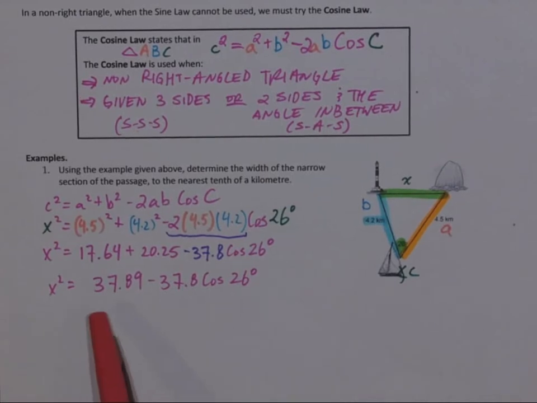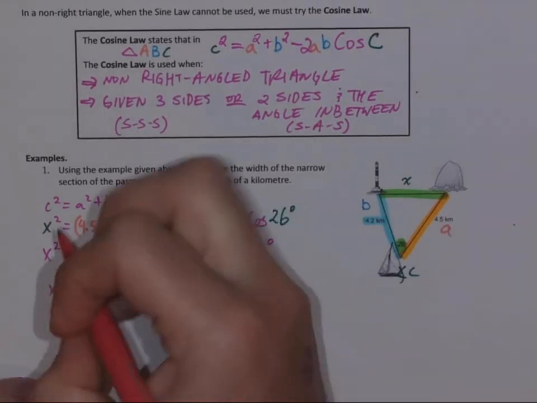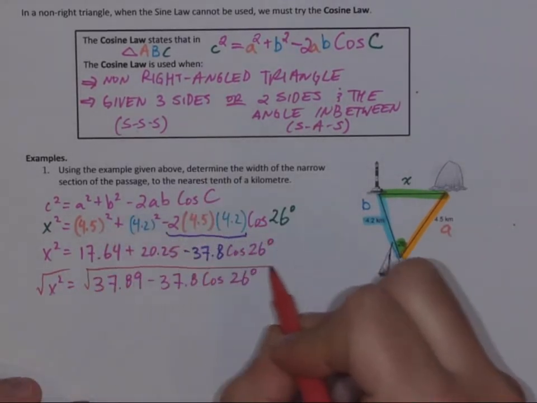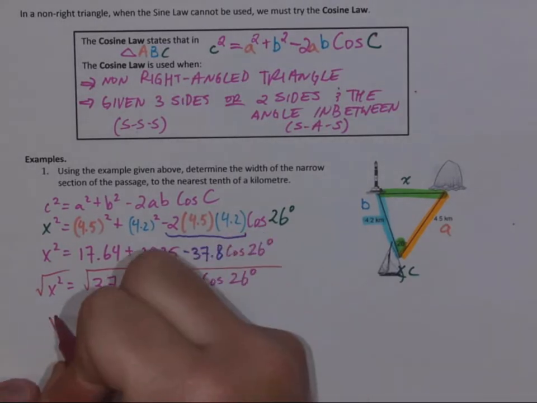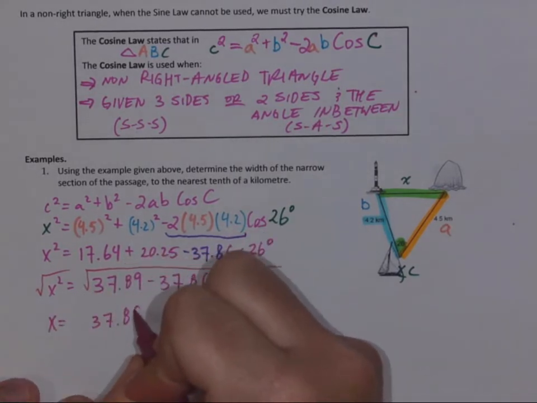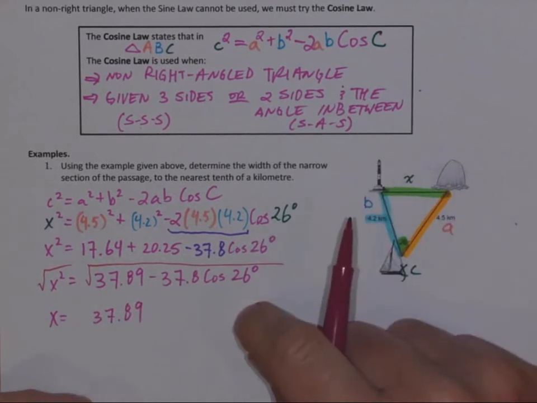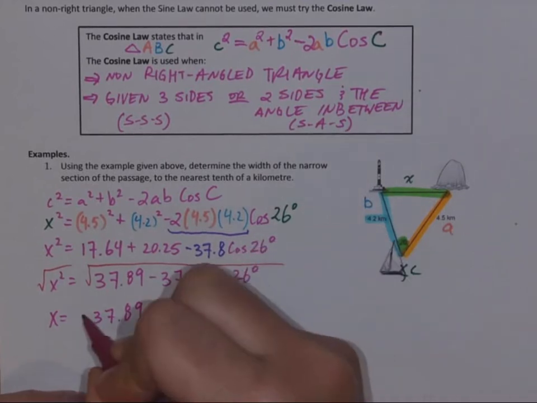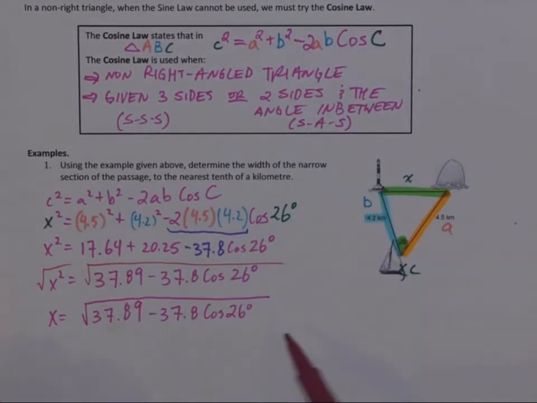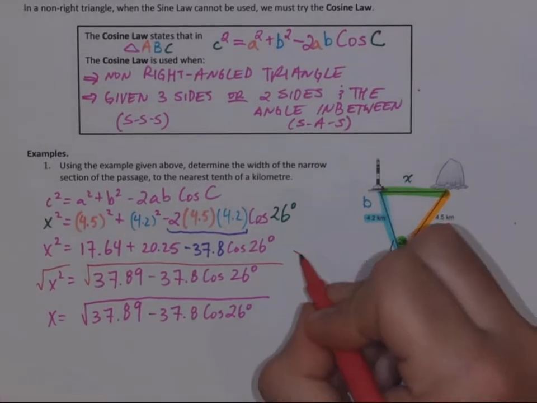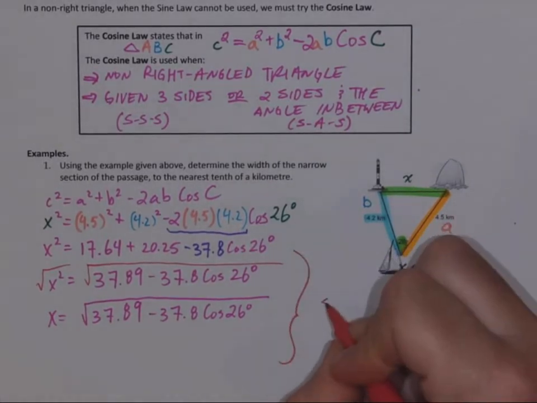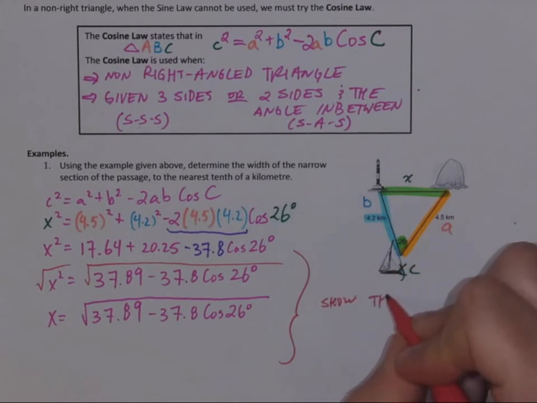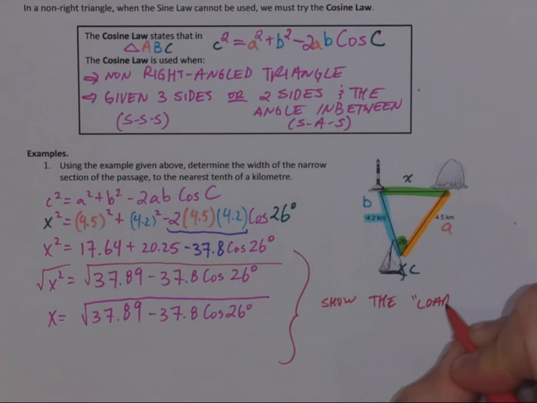At this point, I'm not going to put this in my calculator. I don't want to get decimals. I'm just going to do one final answer. So I'm going to take the square root of the left side, which means I'm going to take the square root of the right side. And really, if I went from this line to this line, that would be absolutely okay. This is showing how I rearranged, and now I'm going to put this right in my calculator. All of this I need to show, what I call, remember, the load-bearing steps.